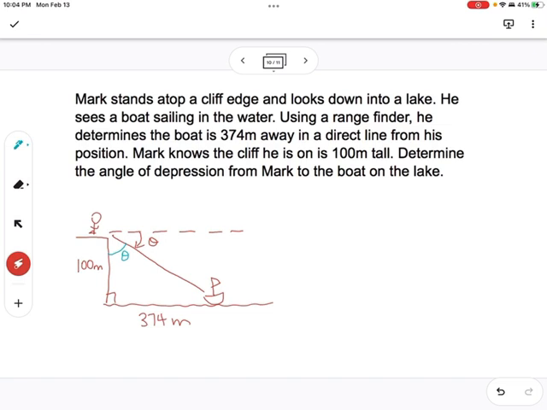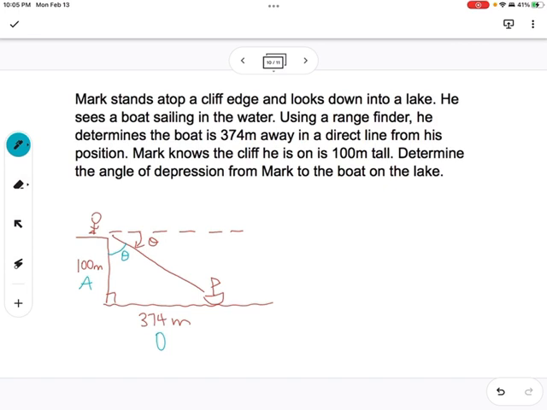So first step, finding theta here. We want to label the sides of our triangle. So with this as our angle, we have our adjacent as our 100 meters, and we have our opposite going across from theta, which is the distance from the cliff to the boat, which is 374.